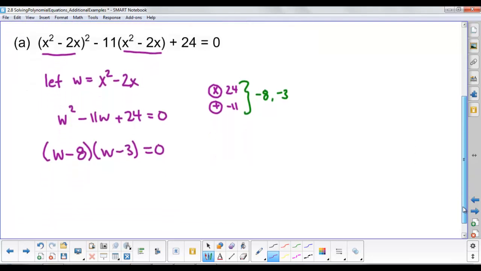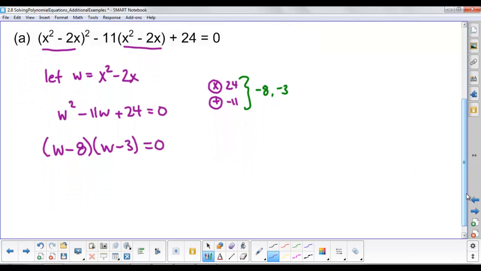and set that equal to 0. Now you need to remember that w was never part of the question. W was a placeholder that you created, so make sure you go back and sub in what w is. So this question actually becomes x squared minus 2x minus 8, and then x squared minus 2x minus 3. Now we have two trinomials inside the brackets, which are both factorable.